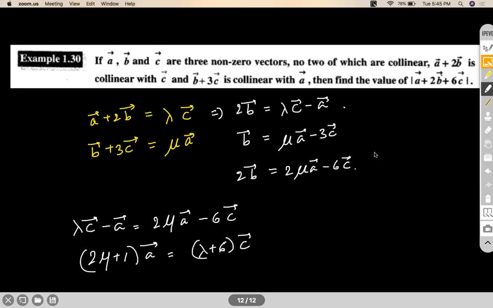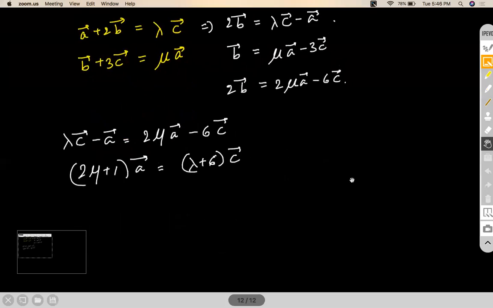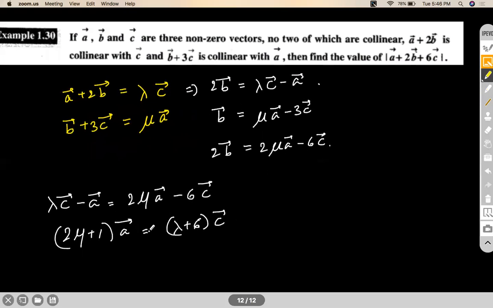Correct? Now, please be informed that A and C are non-collinear. If A and C are non-collinear and you are trying to get a linear combination of this, something like XA equal to YC, then X and Y both individually should be 0. So this will imply that 2 mu plus 1 should be 0.